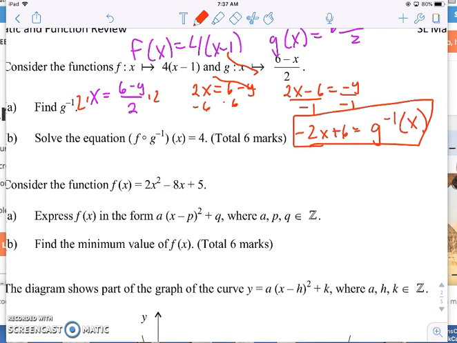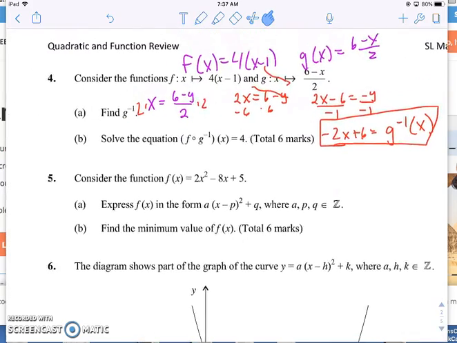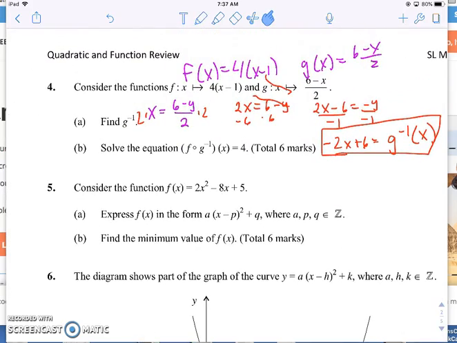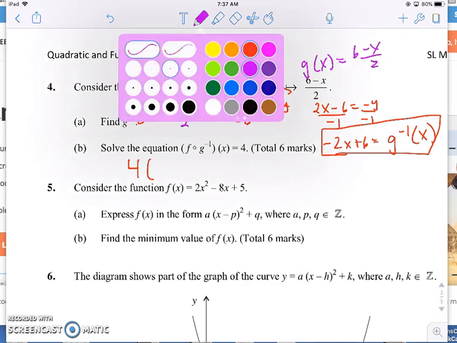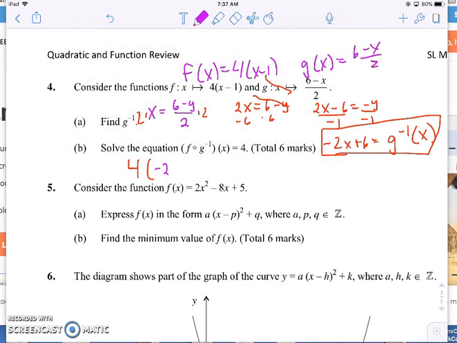Solve the equation, the next one, f of g inverse of x equals 4, so the composition. I'm going to go to the f function, 4 times x minus 1, but I'm going to replace the x with our inverse, so negative 2x plus 6. Then we have minus 1 equals 4.